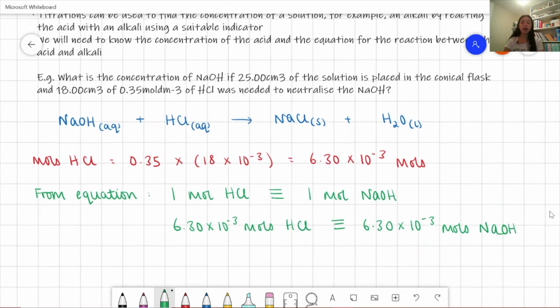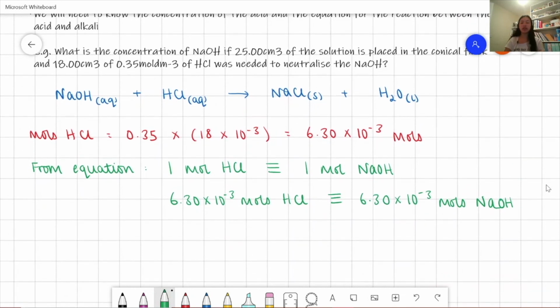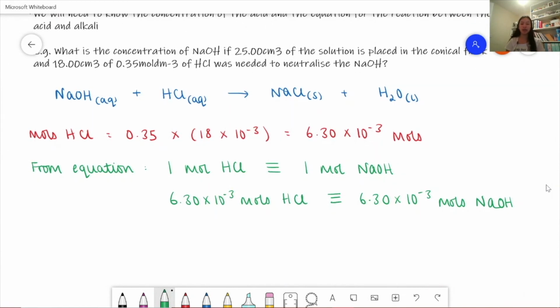And so now we can work out the concentration of our sodium hydroxide because now we have the moles of it and also the volume. So we have that the concentration of this sodium hydroxide is equal to, so we need to rearrange the formula we have. So we have moles is equal to concentration multiplied by volume. And so the concentration must be equal to moles over the volume.